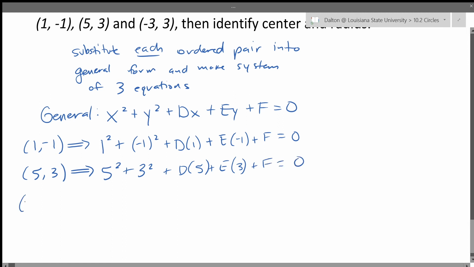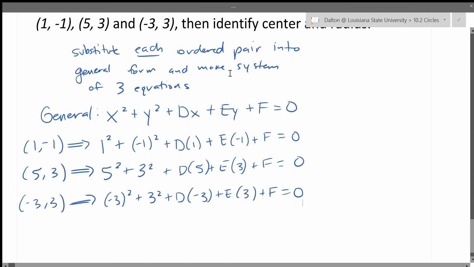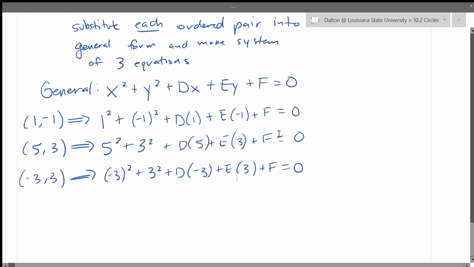And then the last point, negative 3, 3, implies x squared will be negative 3 squared plus y squared will be 3 squared plus dx will be d times negative 3 plus ey will be e times 3 plus f equals 0. So literally all I've done was I've plugged in these values for x and y into the general form. And then what we want to do is you want to simplify this all again.